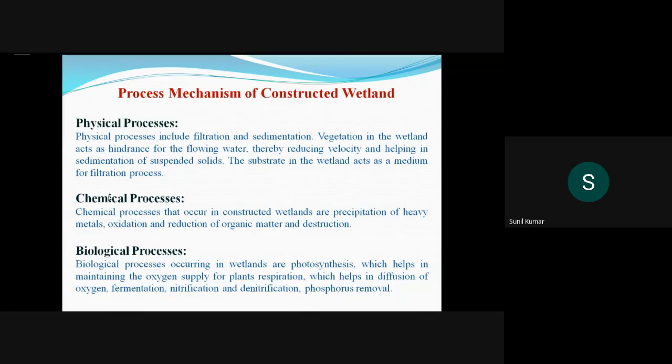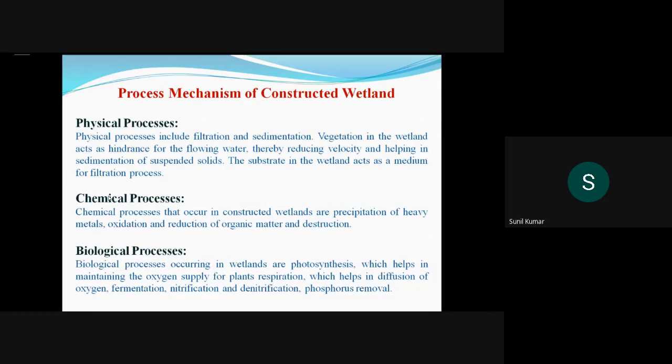Next, we come to the biological process occurring in the wetland. Photosynthesis diffuses oxygen from the surface to the deep zone, which is called the root zone. Plants also absorb organic matter, in addition to the uptake of matter by bacteria and others. Some processes take place: fermentation, nitrification, denitrification, and phosphorus removal.